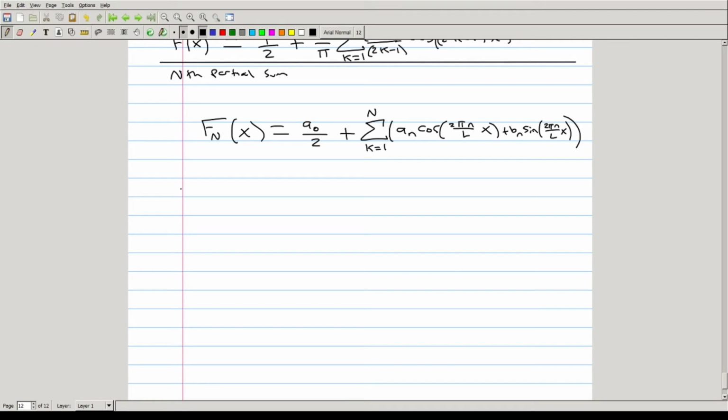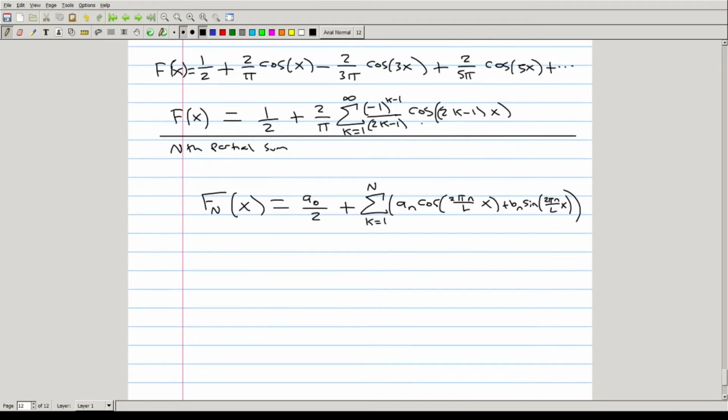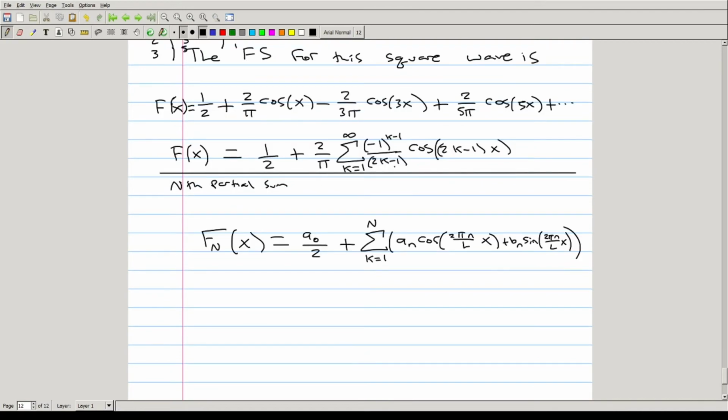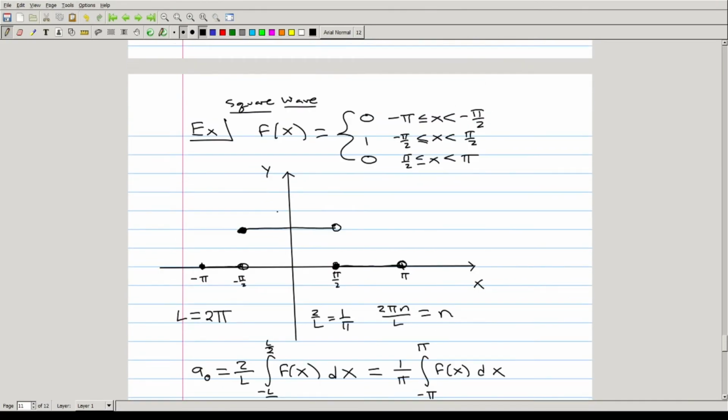One of the big ideas is that the way we're going to define convergence of a Fourier series is using the limit of the sequence of partial sum functions, which is very neat. It'd be a good idea to go on to, say, Desmos and graph the partial sums for this function, to show that they are definitively converging to this function right here.